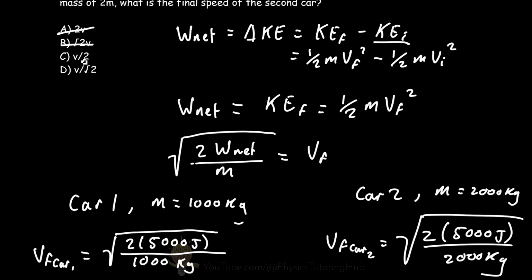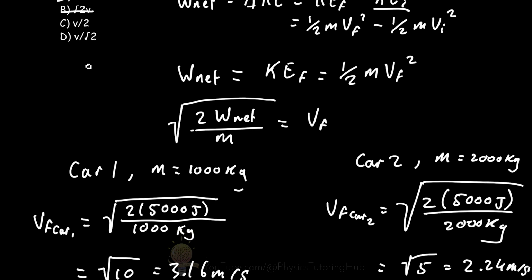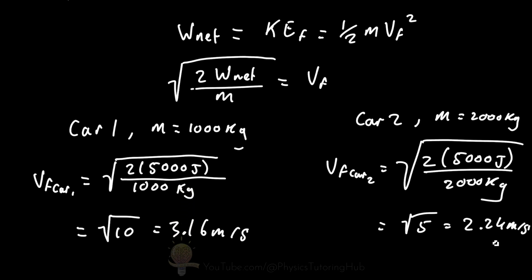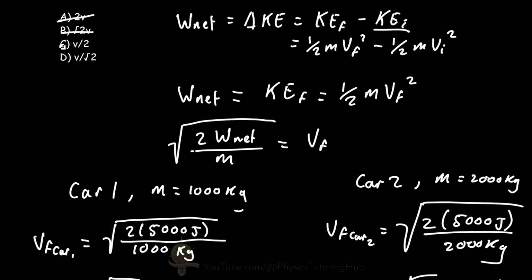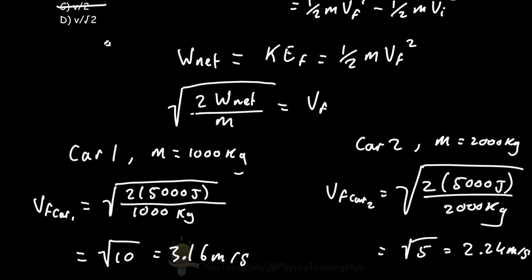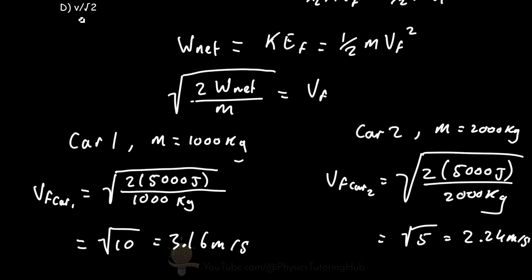Now C is suggesting that the final speed of the second car is exactly half the final speed of the first car. Now, is this value half of this value? The answer is no. So the answer for C is not correct. But for answer D, is the final speed of the second car equal to the final speed of the first car divided by root 2?